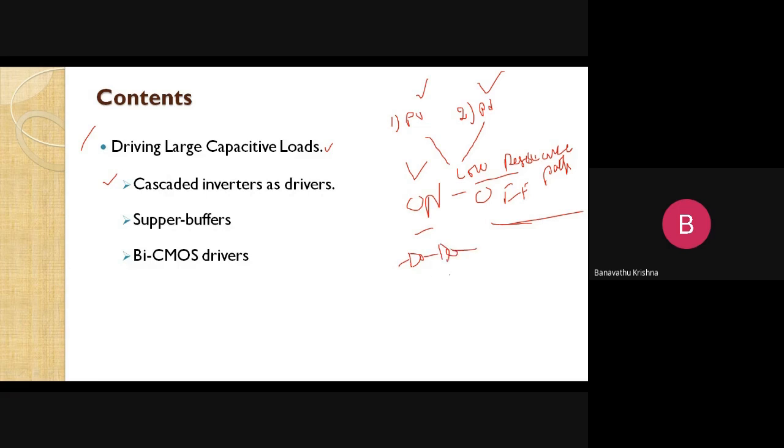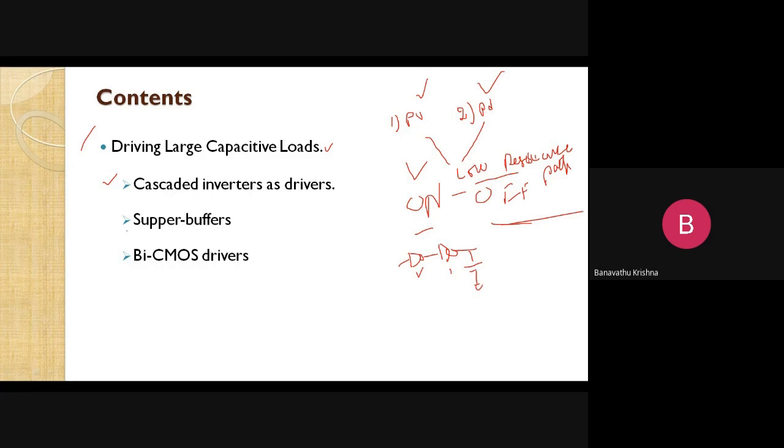Then the second inverter is driven by the first inverter; the first inverter is the driver and the second inverter is the load. I also connect a load capacitance here. So these are connected in a cascading form: cascaded inverters as drivers.